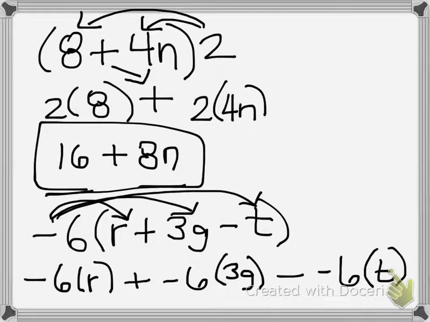And then we're going to go ahead and simplify. When you're multiplying a number times a variable, you do not need to have a multiplication symbol. So we could write -6 times r as -6r. Same thing with the next one, -6 times 3g. I could write that as -18g.